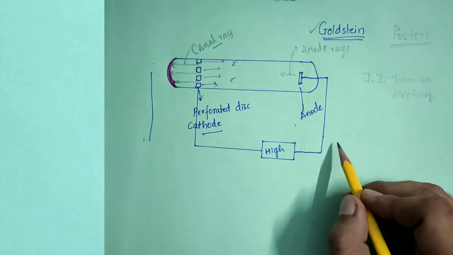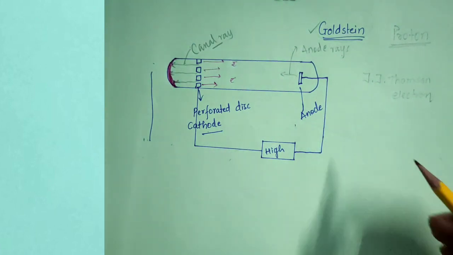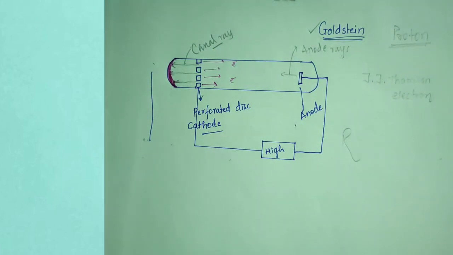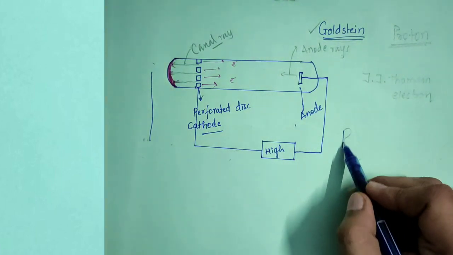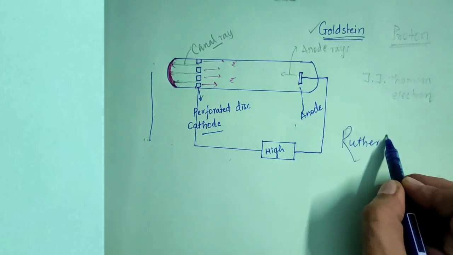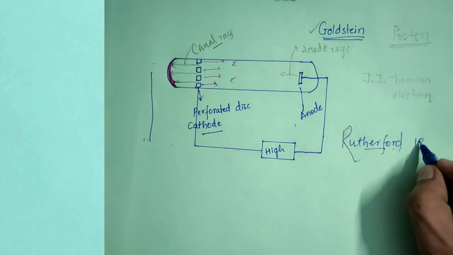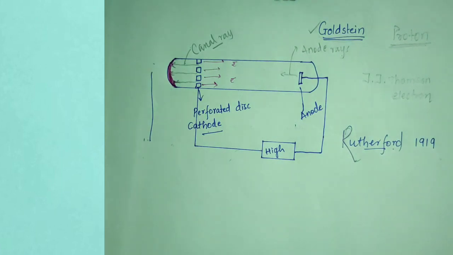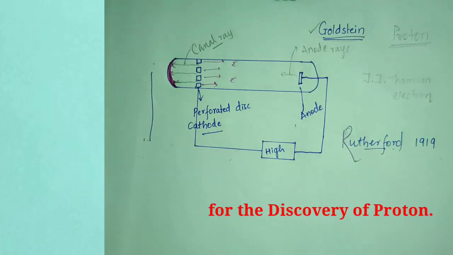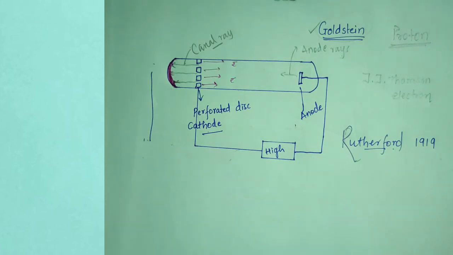Later, a convenient proof was given by Sir Rutherford in 1919 by the scattering of alpha particles by thin gold foil, and he also gave radioactive fission.